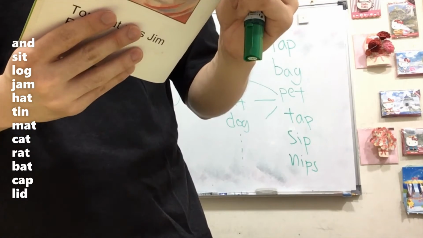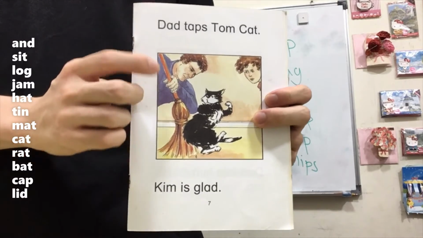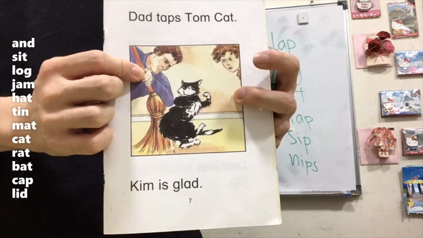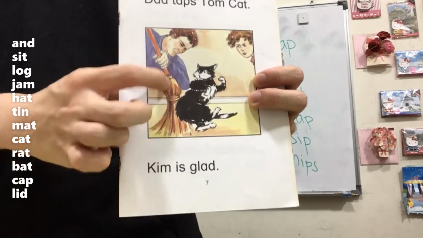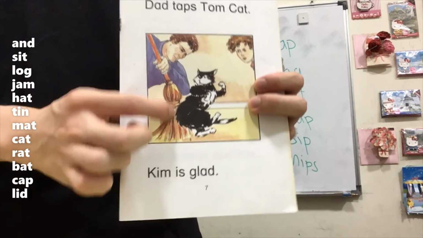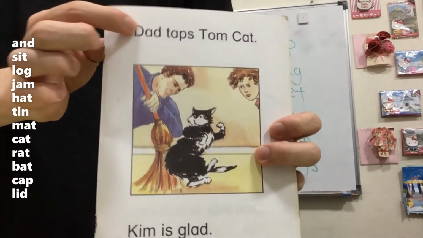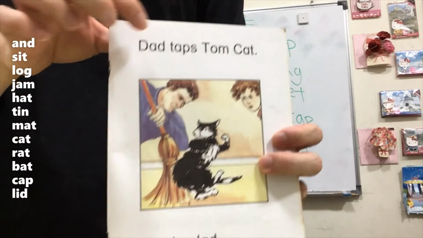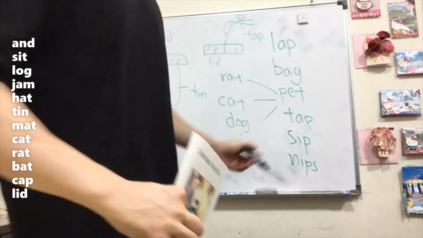So on the next page, you can see Dad and Kim, and you can see the cat. And this is new, this is a broomstick. Dad taps Tom Cat. The new word here is taps.